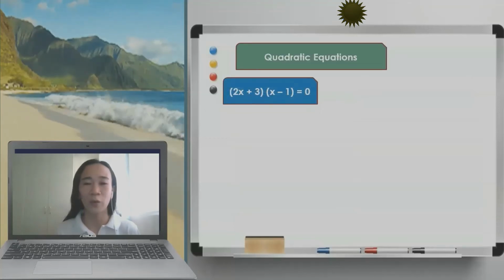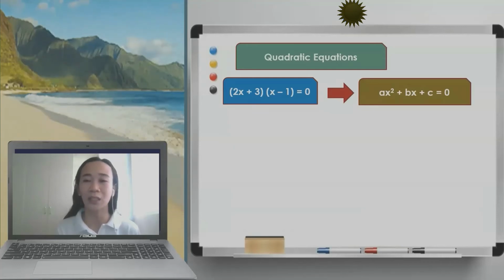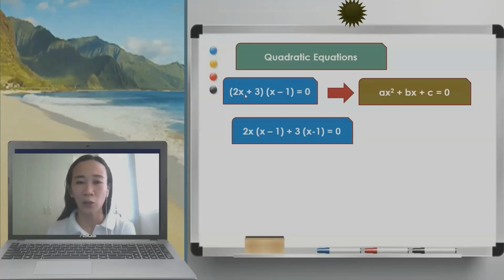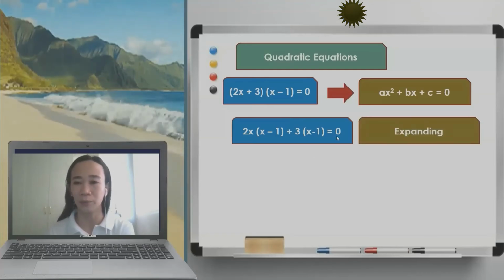How about the other equation, quantity 2x plus 3, quantity x minus 1 equals 0. Let us transform this equation into the standard form ax squared plus bx plus c equals 0. To do this, we must first expand, that is 2x times x minus 1 and then plus 3 times x minus 1 equals 0.